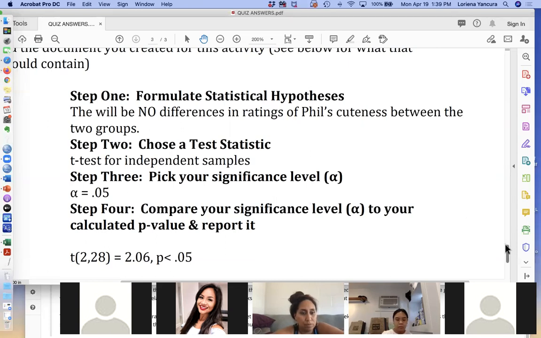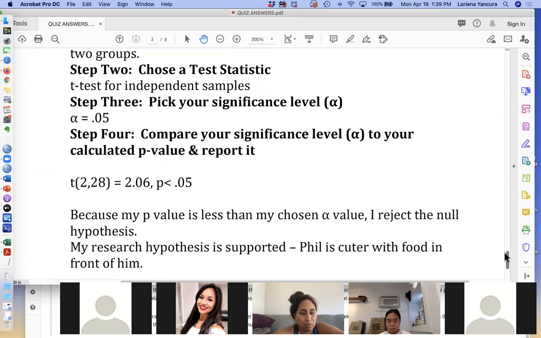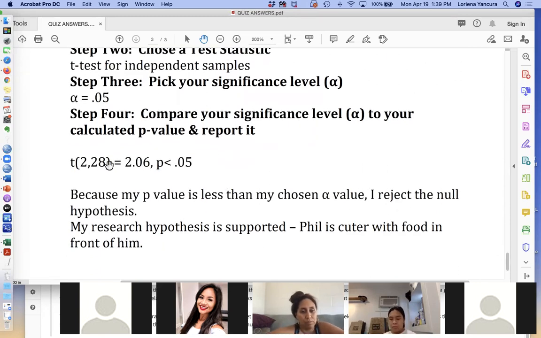So in this case, I state it like we went over in the last example. My T with 2 groups, 30 people in the group equals, there's my T value straight off the printout, 2.06, and my probability is less than 0.05.